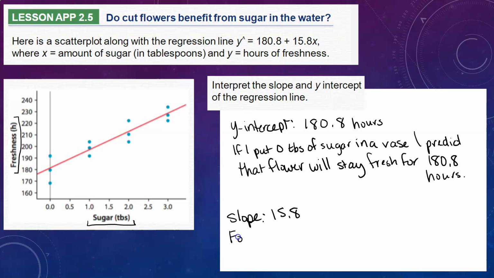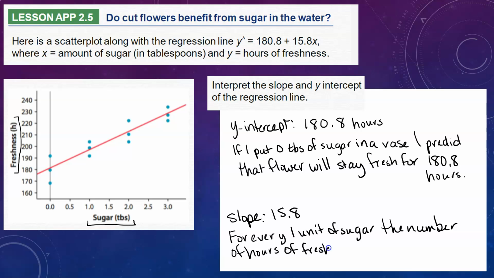So we would say for every 1 unit of sugar, the number of hours of freshness increases by 15.8 hours. Make sure you have these written down because you can use these as a model to go back and look at.